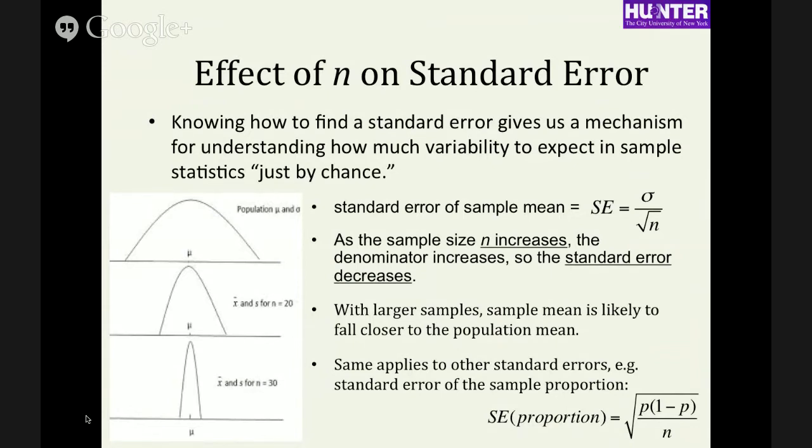If you have any two of those three, you can calculate the third. From this formula, standard error equals sigma over square root of n, you can calculate your standard error from the population standard deviation and n, or calculate any missing one of those three.